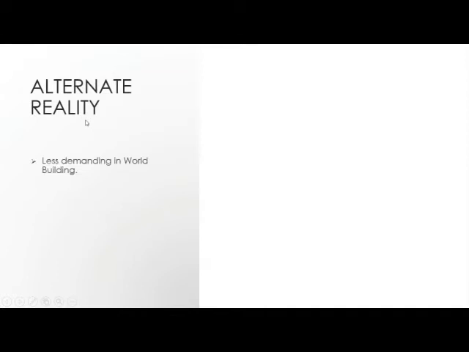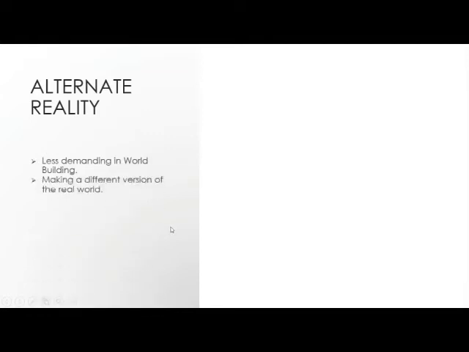Alternate reality. This one is less demanding of world building, and this one is more commonly found in historical fiction and science fiction, but you can find them in other genres as well if they put this in it.